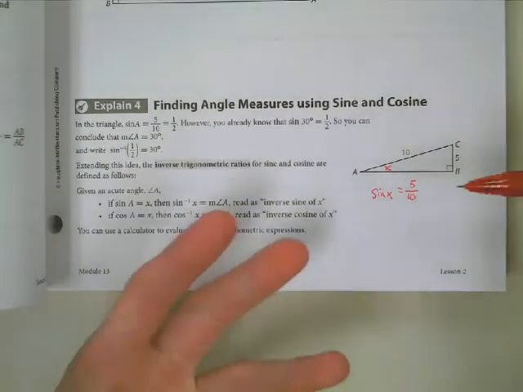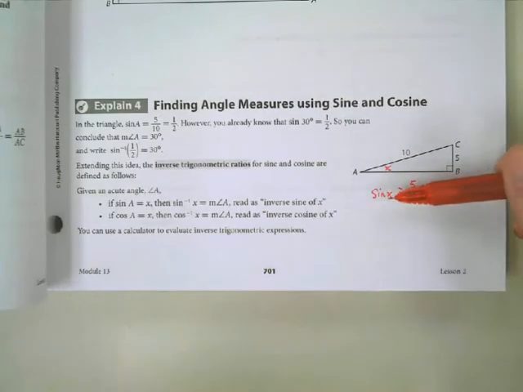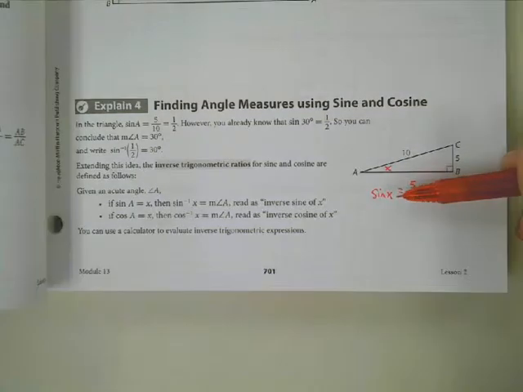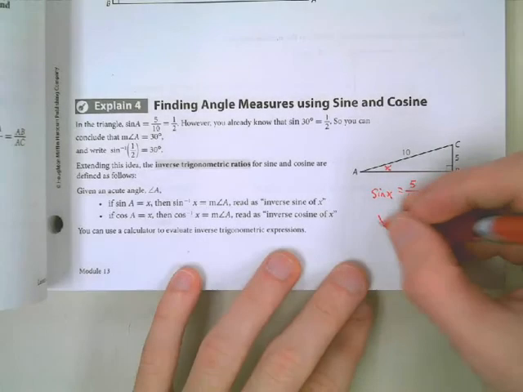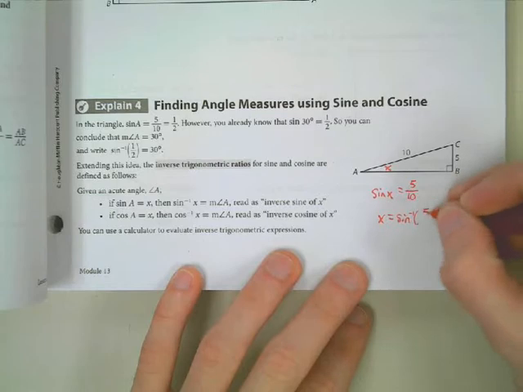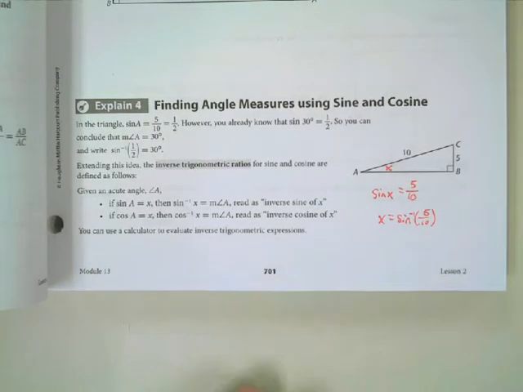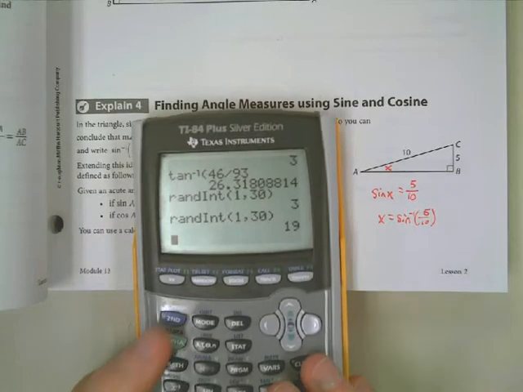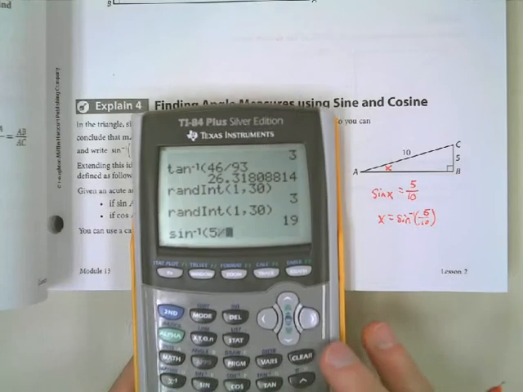So, Jason, when we see the x inside the sine like that, we know we're using second sine, the sine inverse, sine negative 1. So we're going to say x is equal to sine inverse of 5 over 10. We just type that into our calculator. Second sine 5 divided by 10. Hit enter. 30.